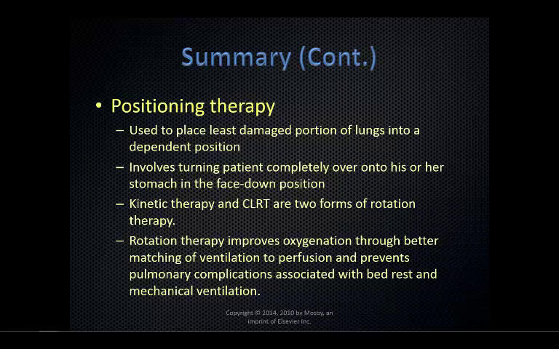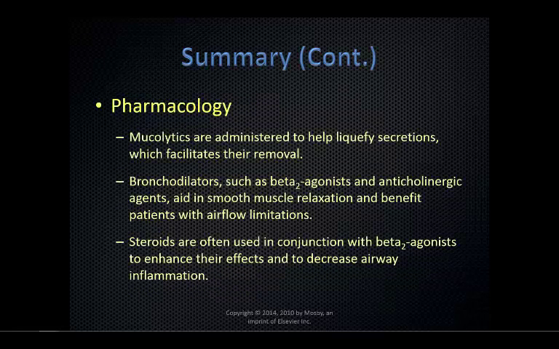Most of the beds that we use nowadays in the ICUs have the capability to laterally rotate. We covered pharmacologic agents. I did not mention steroids, but steroids are often used in conjunction with beta-2 agonists to enhance their anti-inflammatory effects.